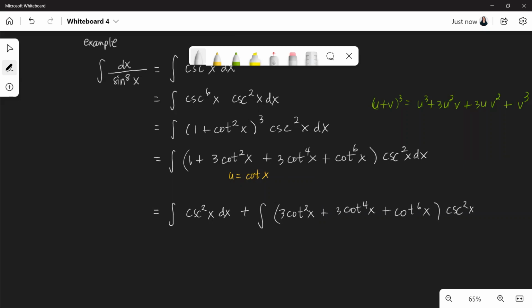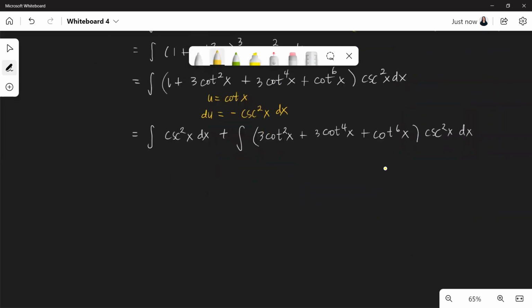So the cosecant squared will form the du, because the derivative of cotangent x is negative cosecant squared x dx. So we can write these in the form u squared, u raised to the power of 4, and u raised to the power of 6 respectively.